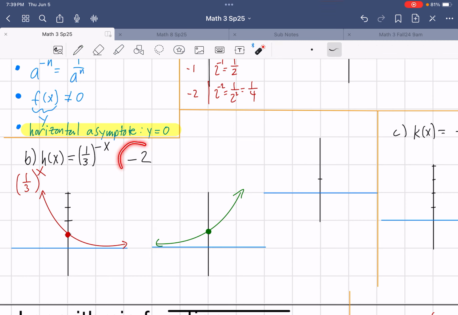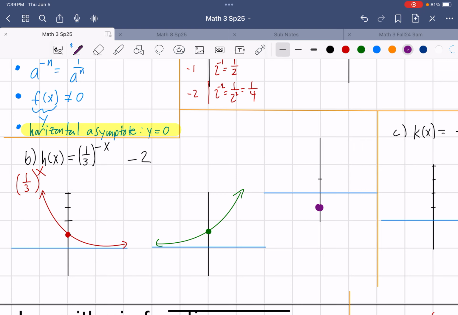And then this -2 means we have to shift the graph down by 2. Not only do you have to move this point down 2, but you also have to move down your asymptote.